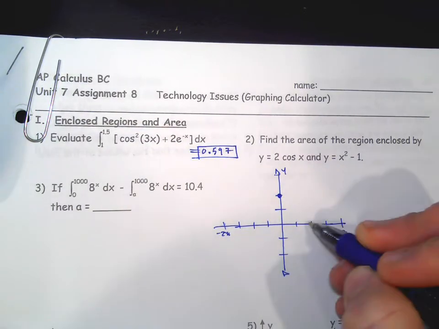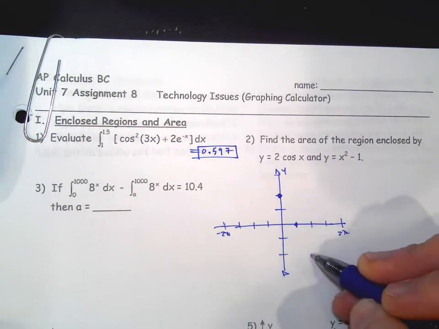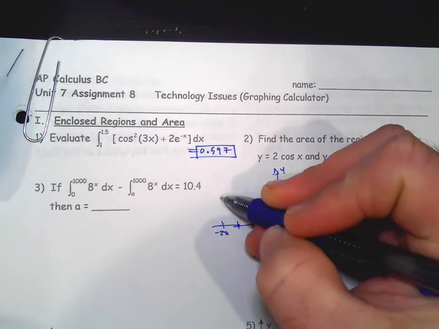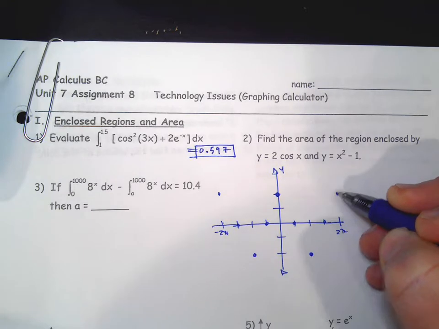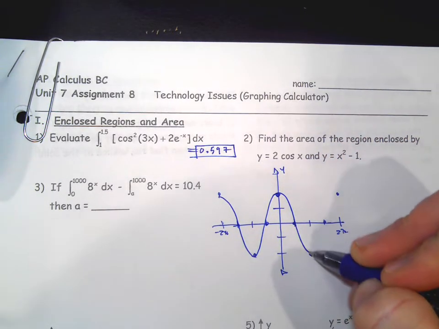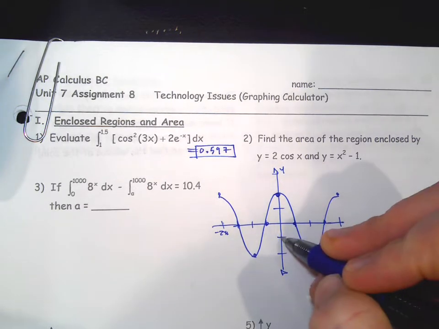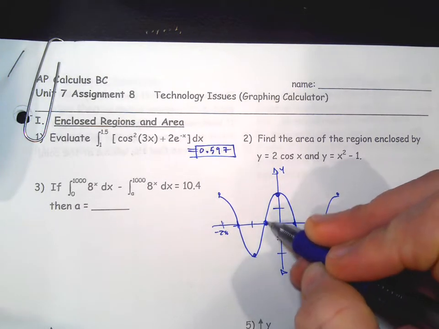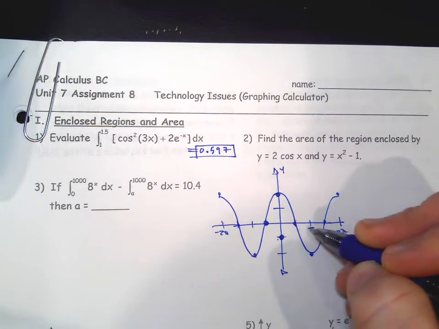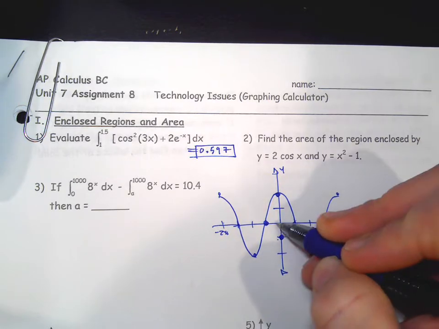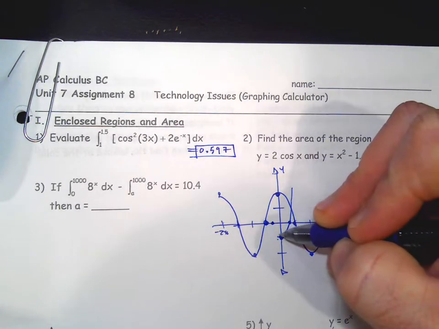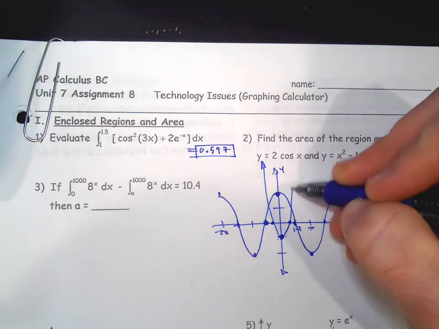Cosine is up here, here, here. So this is your cosine curve. Parabola shifted down 1, over 1, up 1, but that's not 1. That's pi over 2, so that's like 1.7. So 1 would be kind of more right here. So it's going to look something like this.